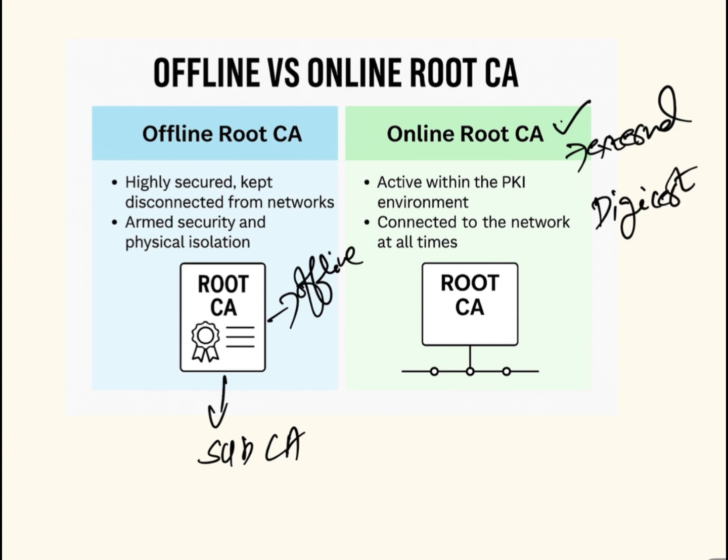On this, the hierarchy is the same: root CA, sub CA, but in this particular case there could be multiple sub CAs. When you access any website and check the certificate hierarchy, you may find multiple sub certificate authorities, but on top of the hierarchy there will always be a root CA.